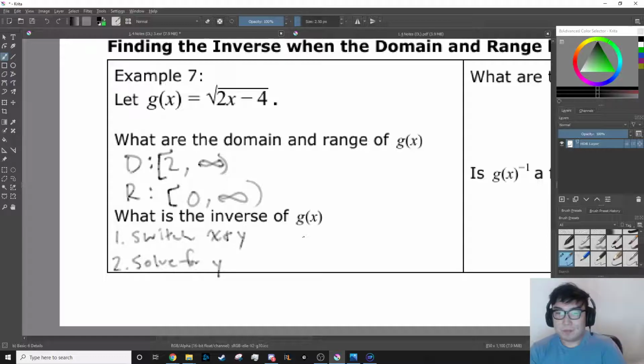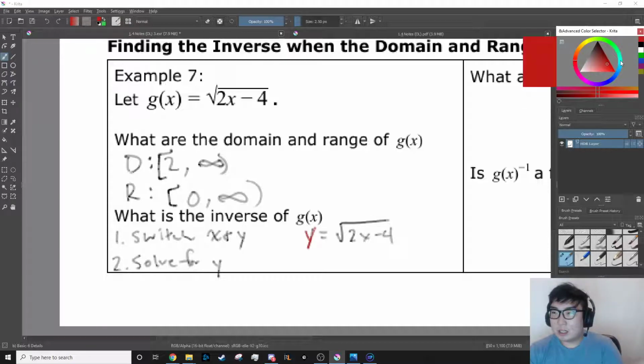So let's try it out. g of x, I'm going to write y. y is equal to square root of 2x minus 4. I want to use this reddish color right here for my y. And the opposite side of the spectrum, I'll use this for x.